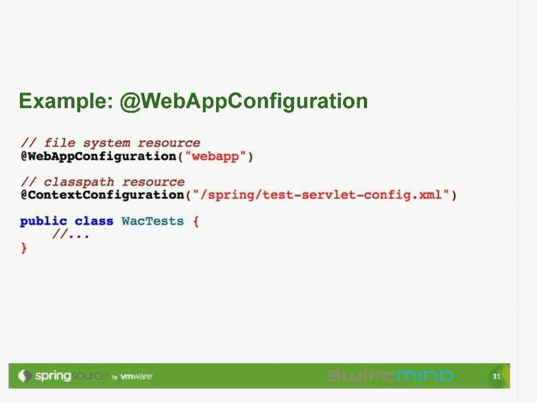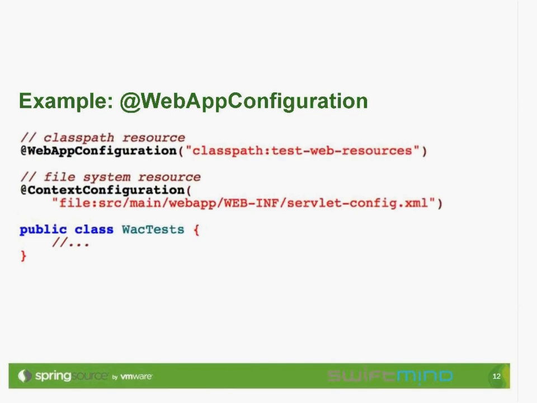And last but not least, for this comparison, in order to contrast, we're now overriding the defaults. So with @WebAppConfiguration, the default is file system based, so we can override that by saying classpath: and then specifying a path in our class path that should serve as the root for resource lookups in the web application context.